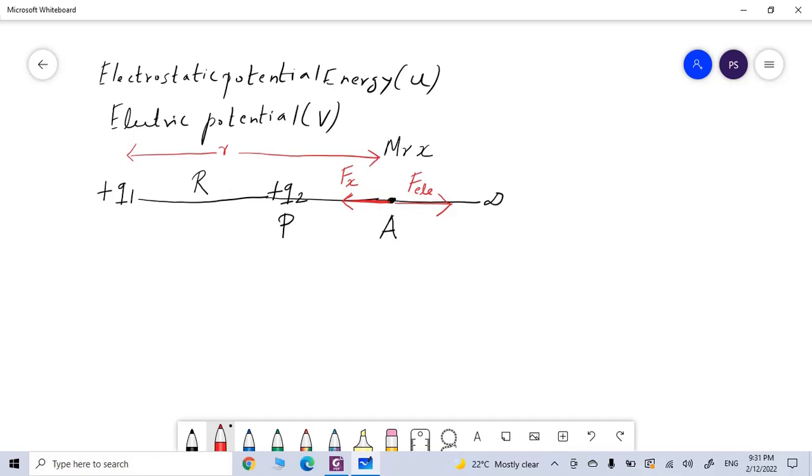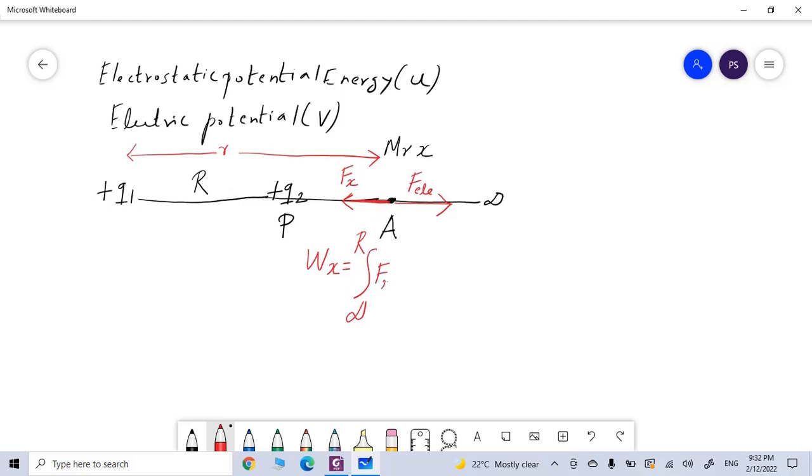Let the work done by Mr. X be W suffix x. That's nothing but moving this charge from infinity to this particular point r. So we take the limits of the integral as infinity, the lower limit, and the upper limit as r.